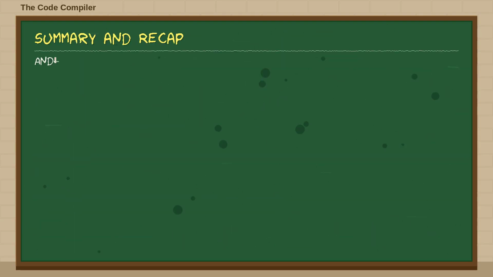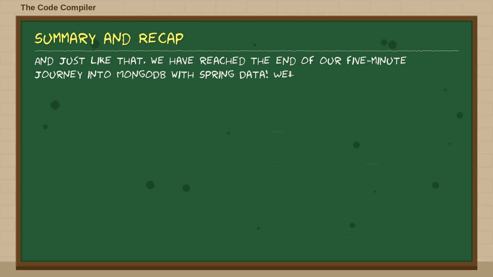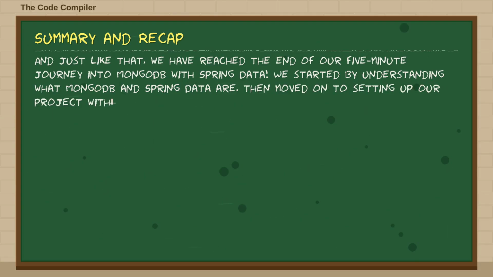And just like that, we have reached the end of our 5-minute journey into MongoDB with Spring Data. We started by understanding what MongoDB and Spring Data are, then moved on to setting up our project with the correct dependencies.